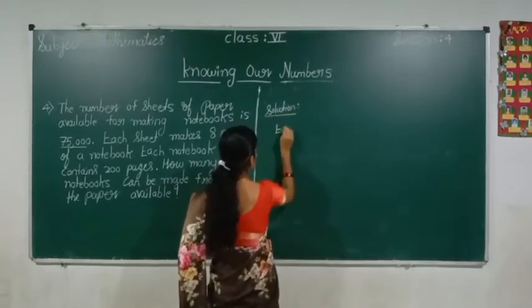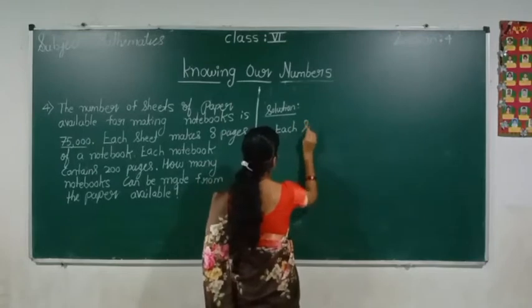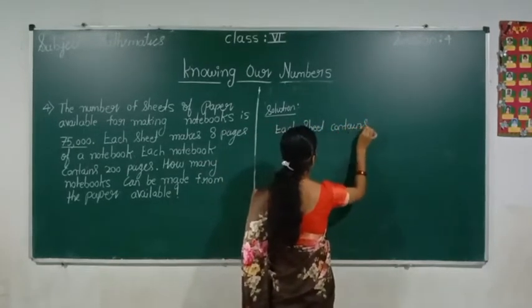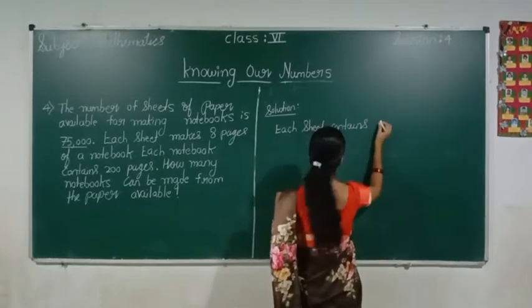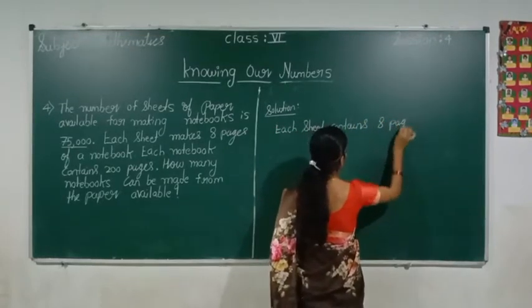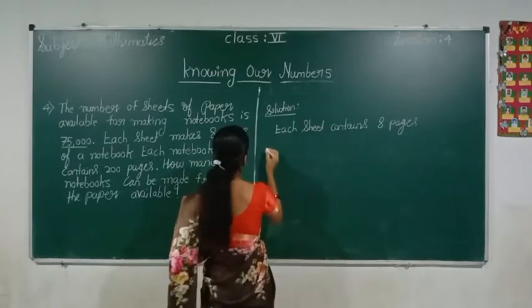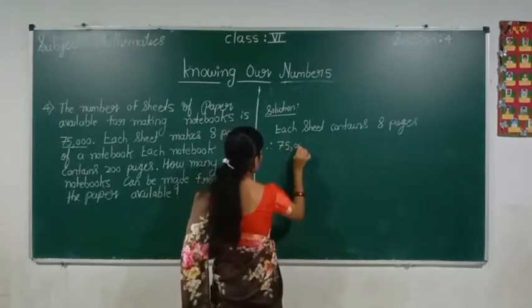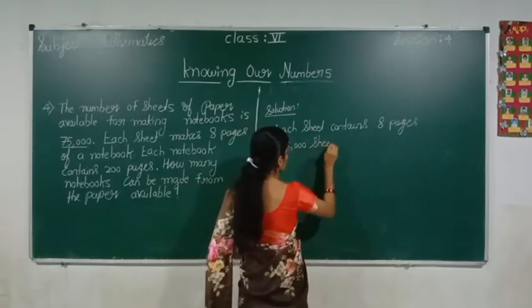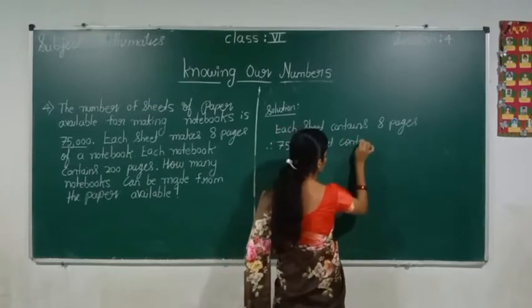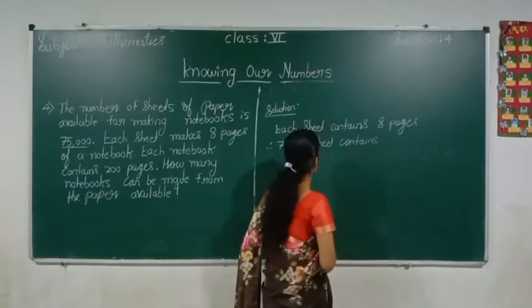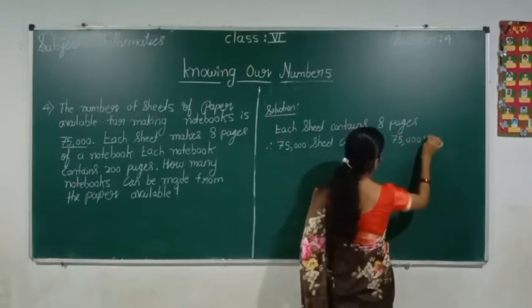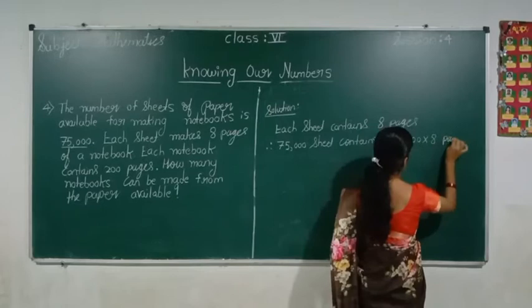See, each sheet contains 8 pages. Therefore, 75,000 sheets contain 75,000 into 8 pages.